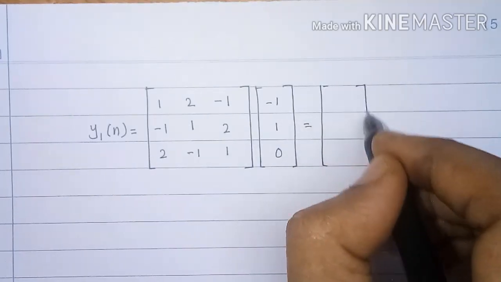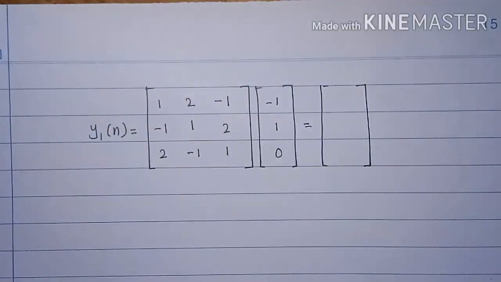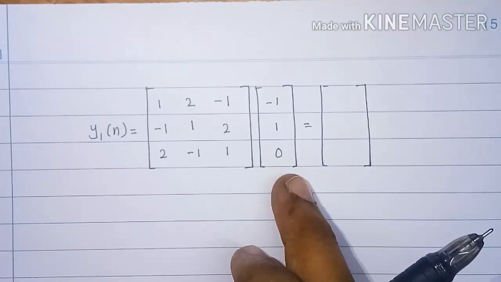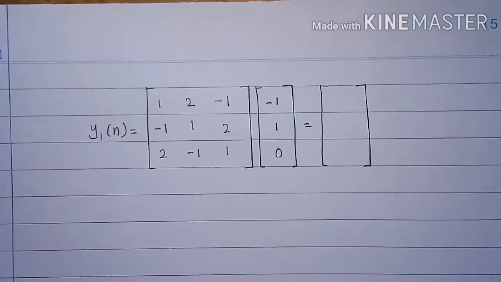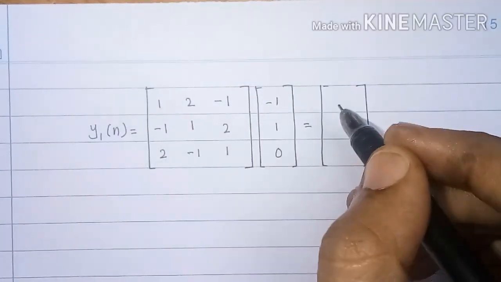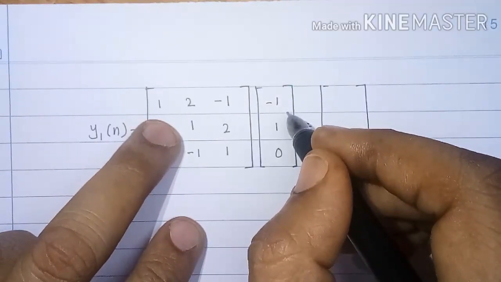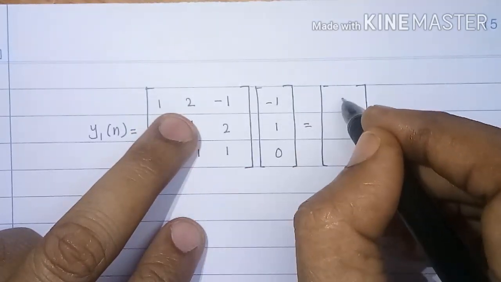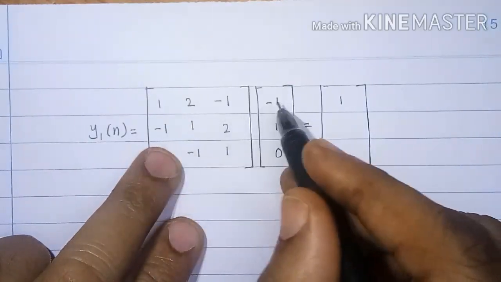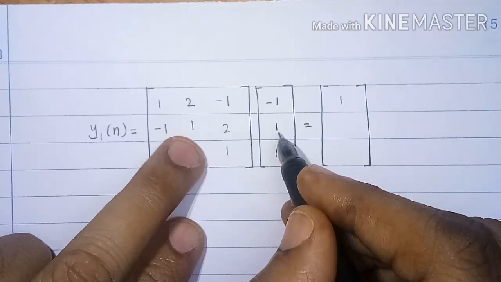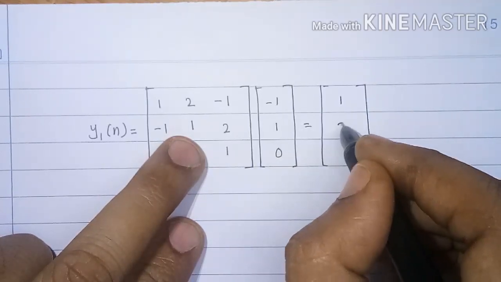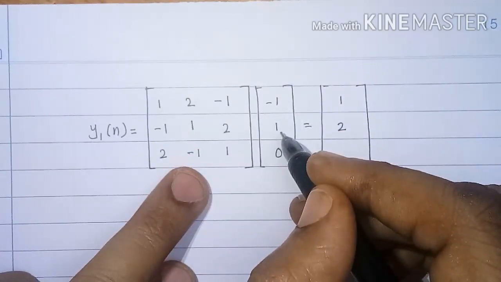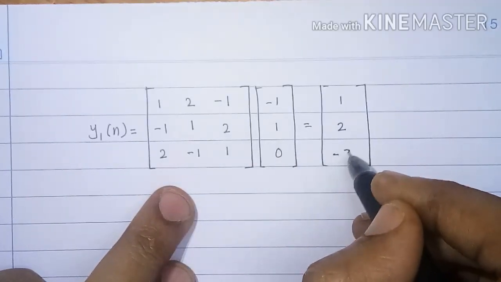Multiplying and adding we get. You can make use of your calculator because it is a 3 by 3 matrix multiplied with a 3 by 1 matrix. 1 into minus 1, 2 into 1 is 2, 2 minus 1 is 1, minus 1 into minus 1 plus 1, 1 into 1 is 1, so 1 plus 1 it will become 2, 2 into minus 1 is minus 2, 1 into minus 1 is minus 1, so minus 2 minus 1 we get minus 3.